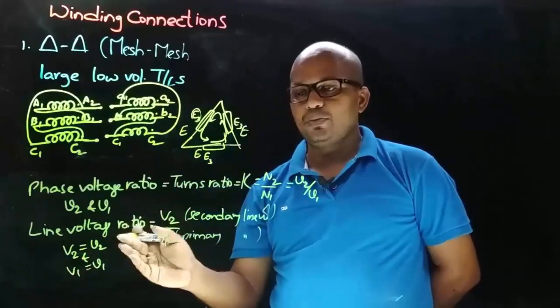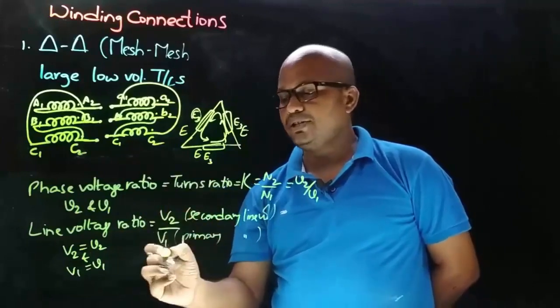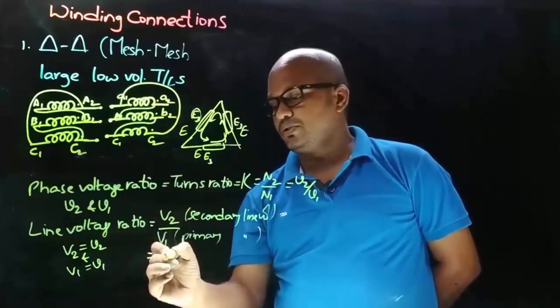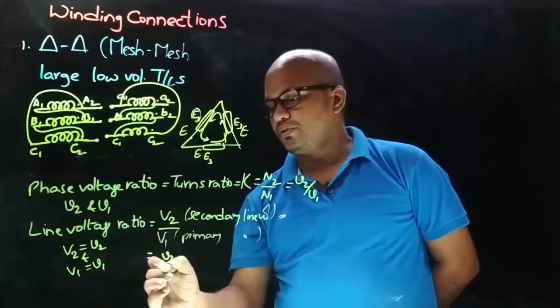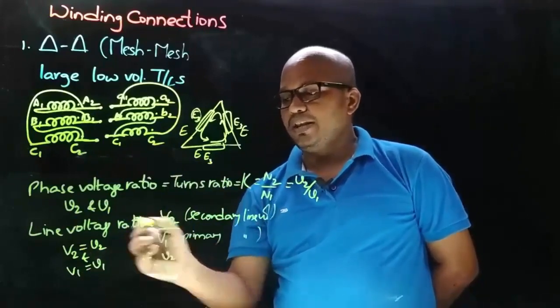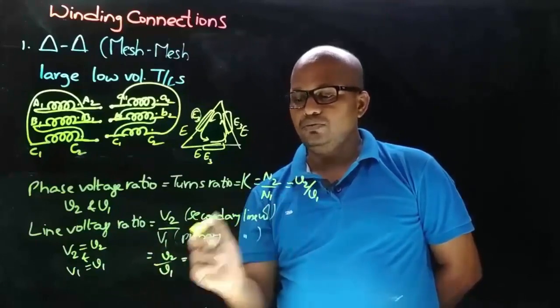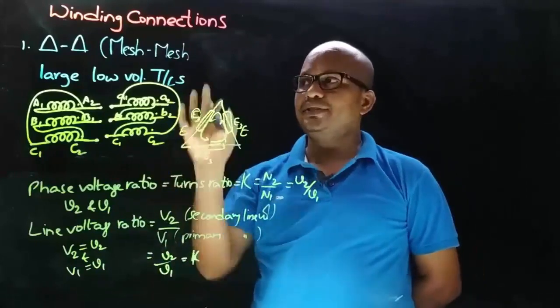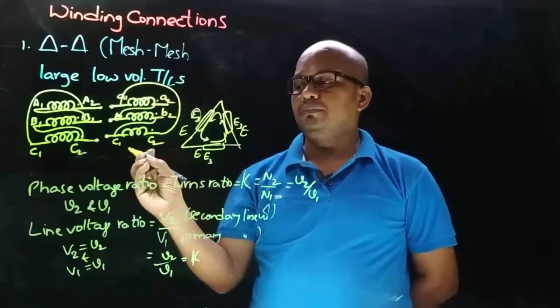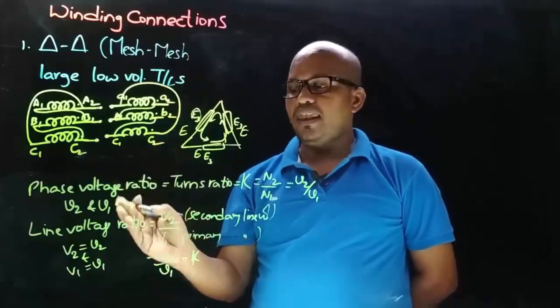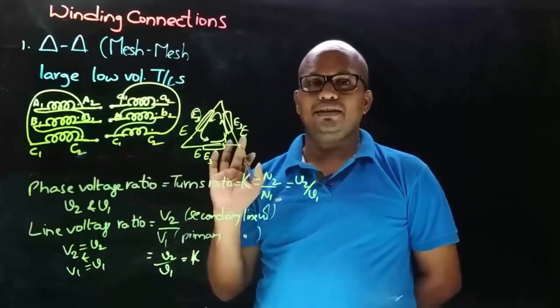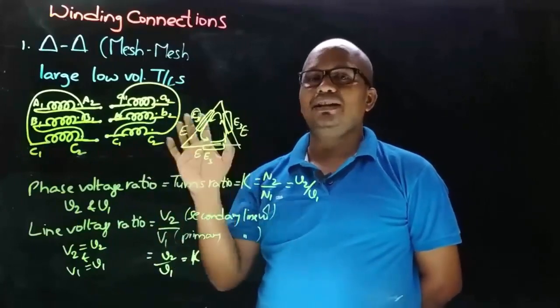So placing the phase voltages in place of line voltages, capital V2 is equal to small v2 and capital V1 is equal to small v1. So line voltage ratio is equal to small v2 by small v1, which can be taken as equal to K. So in case of delta delta connection, both phase voltage ratio and line voltage ratio are equal to K. So this is about delta delta connection.